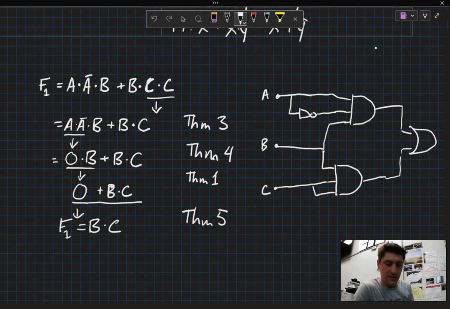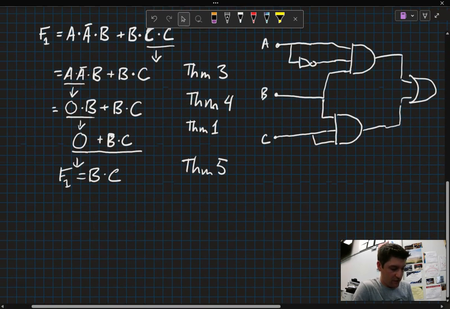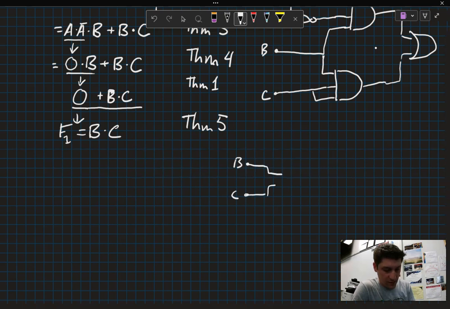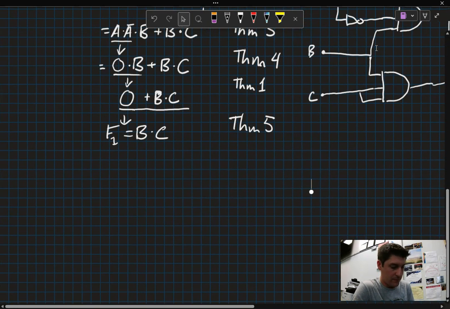You can see that's just a mess, right? Versus this circuit, where I don't even care about A anymore. I just have B and C, and they're going to go into an AND gate. And that's it, right? So this is super useful in simplifying circuits, making work easier, and at the end of the day, making things cheaper.